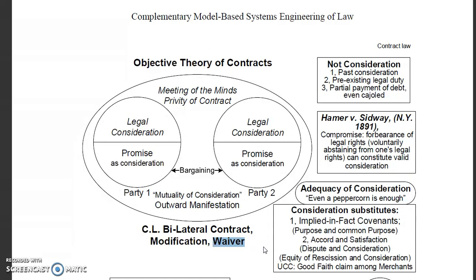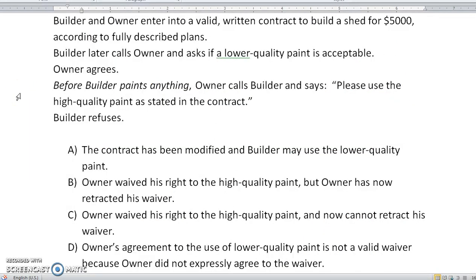Builder was getting the opportunity to use a lower quality paint for absolutely no consideration, and for that reason the verbal waiver does not meet the mutuality of consideration characteristic of the objective theory of contracts, forming neither a valid waiver nor a modification of the contract. So for the reasons stated, the best answer here is answer B. Owner waived his right to the high quality paint, but owner has now validly retracted his waiver.